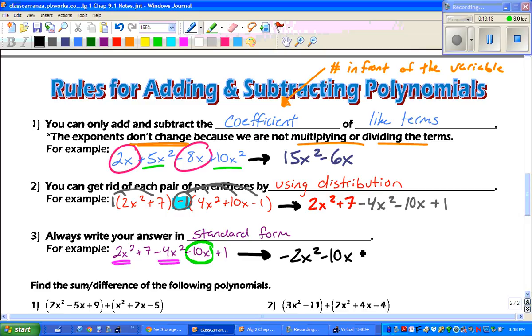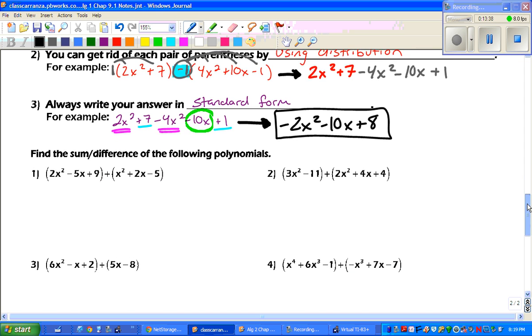So negative 10x. And now let's look for the 7. 7 and 1 gives us a grand total of 8. And then that would be my final answer. So that's what we're going to practice over here.